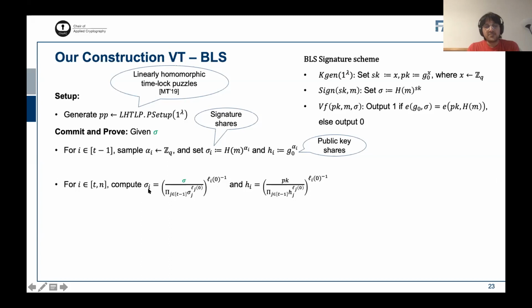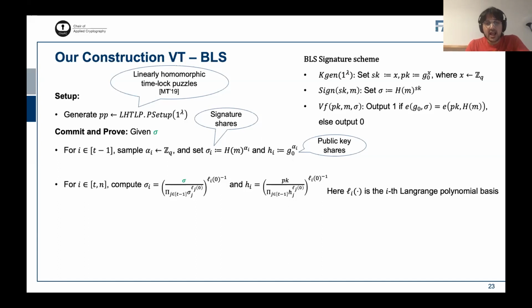What I mean is that if you take the sigma I generated in the first step, which is t minus 1 of them, and each of the sigma I generated in the next step, you get a valid t out of n sharing of the original signature sigma. You also do this for the public key, ensuring that each of these public key shares is a valid t out of n share of the original public key PK. That is what the second step does.